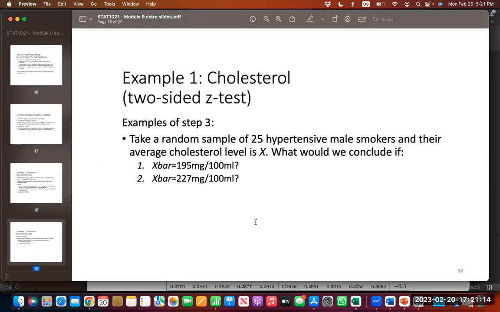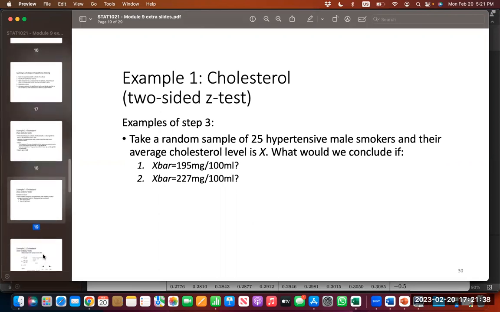So now assume that we have a random sample of 25 hypertensive male smokers. This is where the blood pressure comes in, because they have hypertension in addition to that. The average cholesterol, this x bar or this m, is 195 for the first group, and for the second group it's 227.